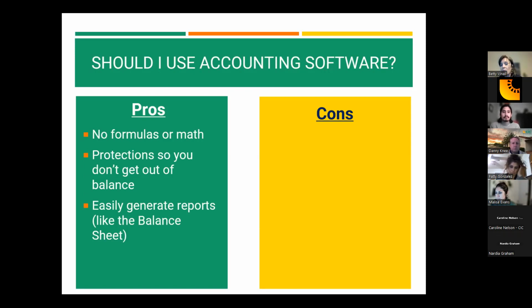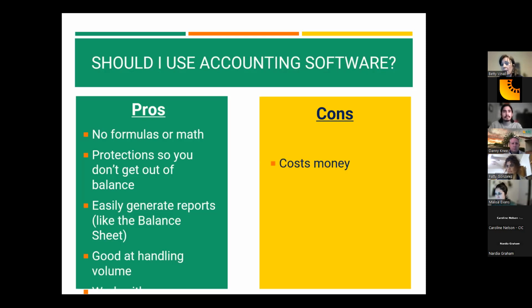It makes it really easy to generate reports. The reports, like the balance sheet and profit and loss, are all built into even the simplest accounting software. And it's good at handling volume. So as you get bigger, it's something that you should consider, because it'll free up your time for other things that you need to do in your business.